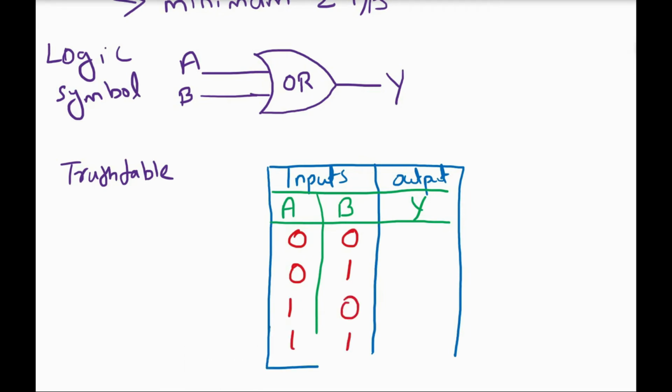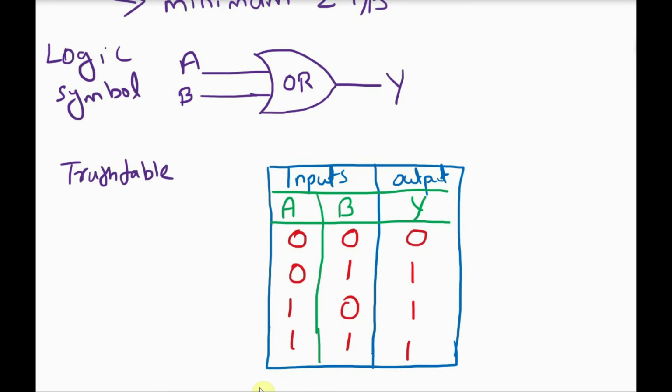So, these are the different combinations of input. If A is 0 and B is 0, the output is 0. If A is 0 and B is 1, the output is 1. If A is 1 and B is 0, the output is 1. And finally, if A and B both are 1, then the output is 1.